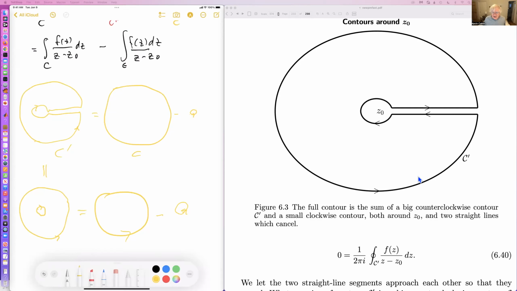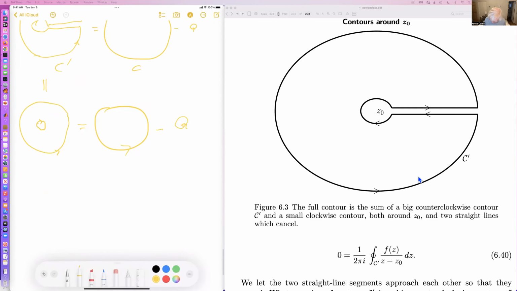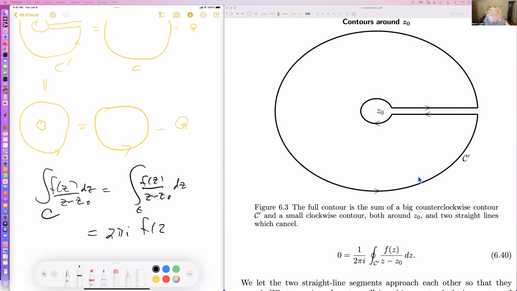In any event, the upshot is that the integral around C is the integral around the epsilon contour. So the final answer here is that the integral of f of z over z minus z0 around C is equal to the epsilon integral of f of z over z minus z0 dz, which is 2 pi i f of z0.